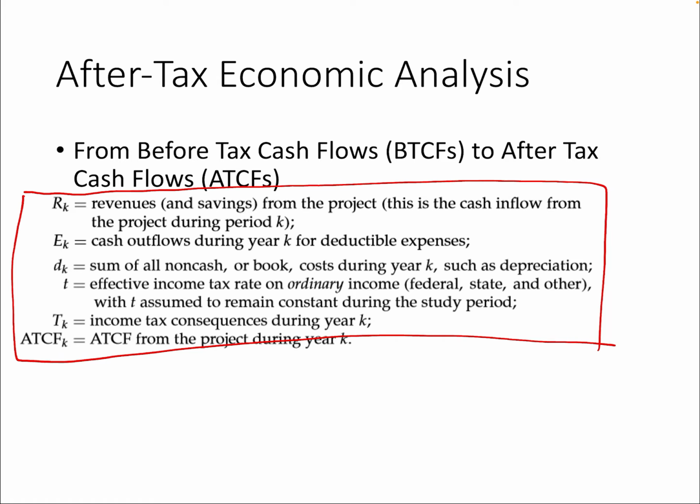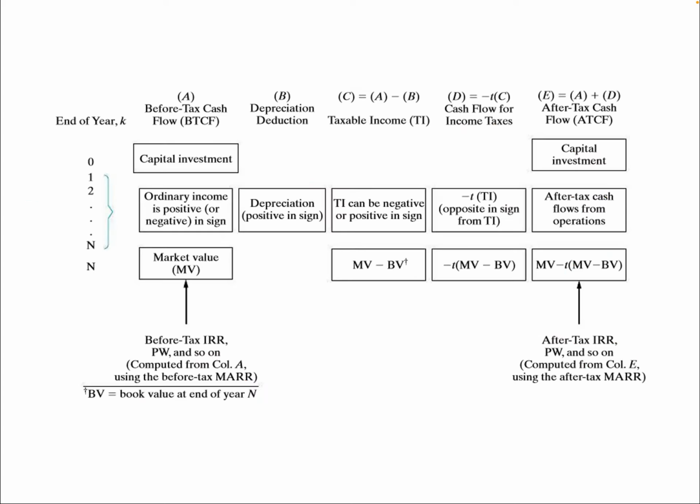And ATCFk is the after-tax cash flow for that year k. Okay, so those are just terms we use. And then we're going to use this table to calculate the after-tax cash flow based on the before-tax cash flow, based on the depreciation deduction system, and based on the tax rate.